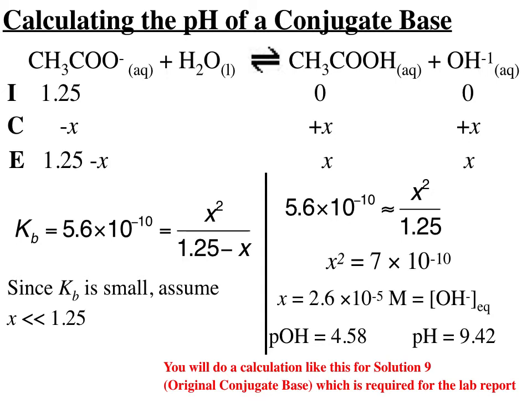The extent of the hydrolysis is not complete. Not every acetate anion forms an acetic acid. As a matter of fact, you can tell this by the size of Kb. Kb was 5.6 times 10 to the minus 10. That's saying that the right-hand side of the equilibrium expression is tiny compared to the left-hand side. So I don't expect a large degree of hydrolysis because of the size of the K.